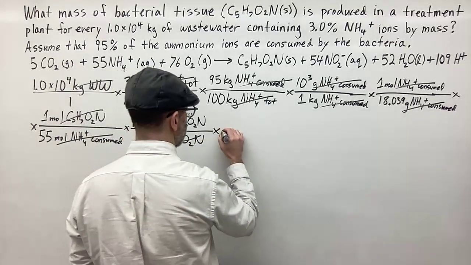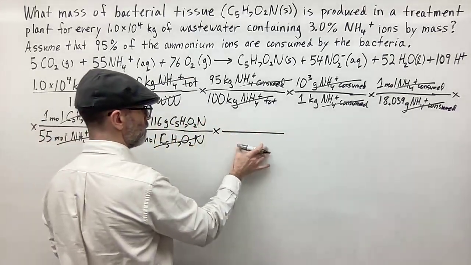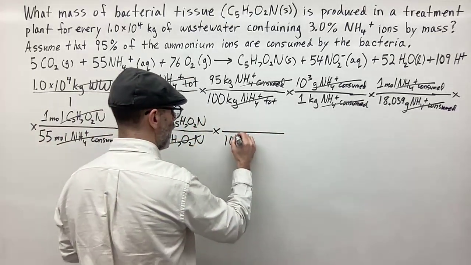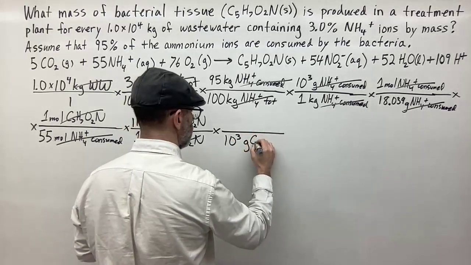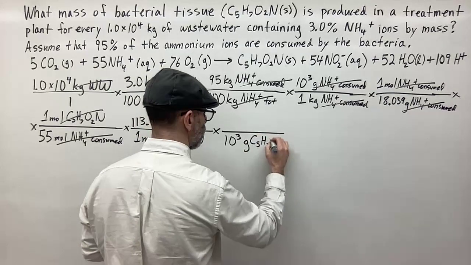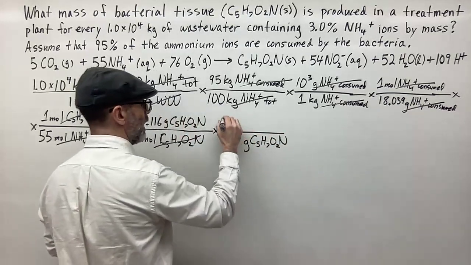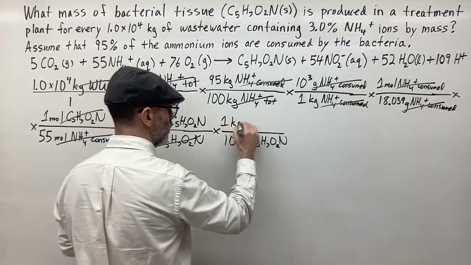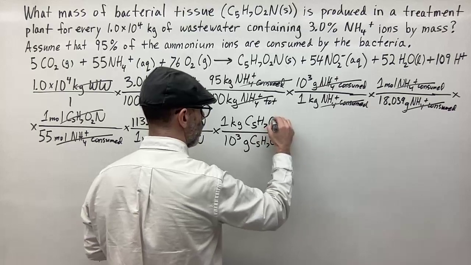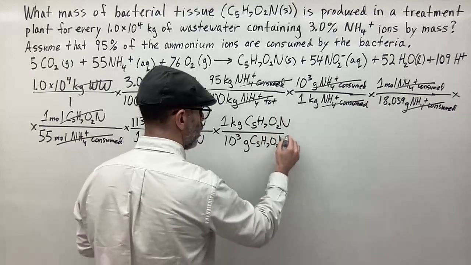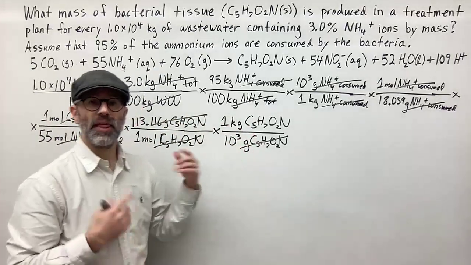And then last, I want to convert that to kilograms. So I have grams on top. I'm going to put grams on the bottom here. So 1,000 grams of the C5H7O2N on the bottom, and 1 kilogram of the C5H7O2N on top. Grams cancels out. Now I have kilograms. That's what I want.